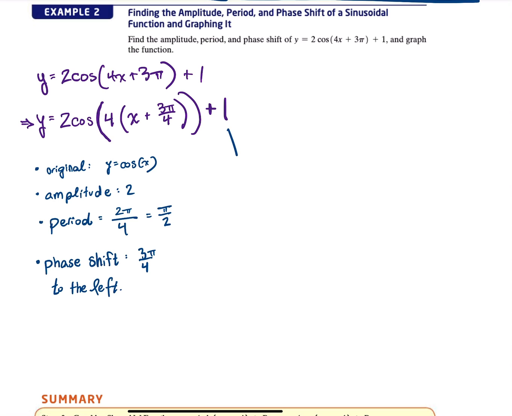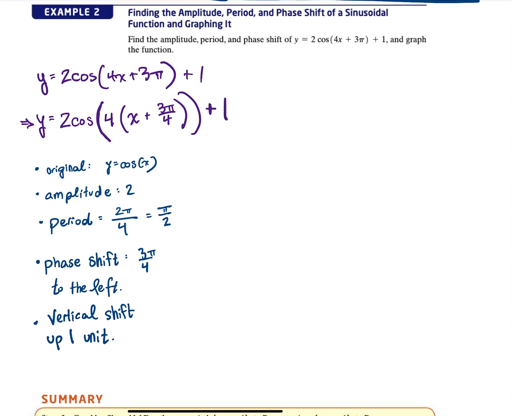And then we also have our plus 1 on the outside. So this is going to be a vertical shift up 1 unit.